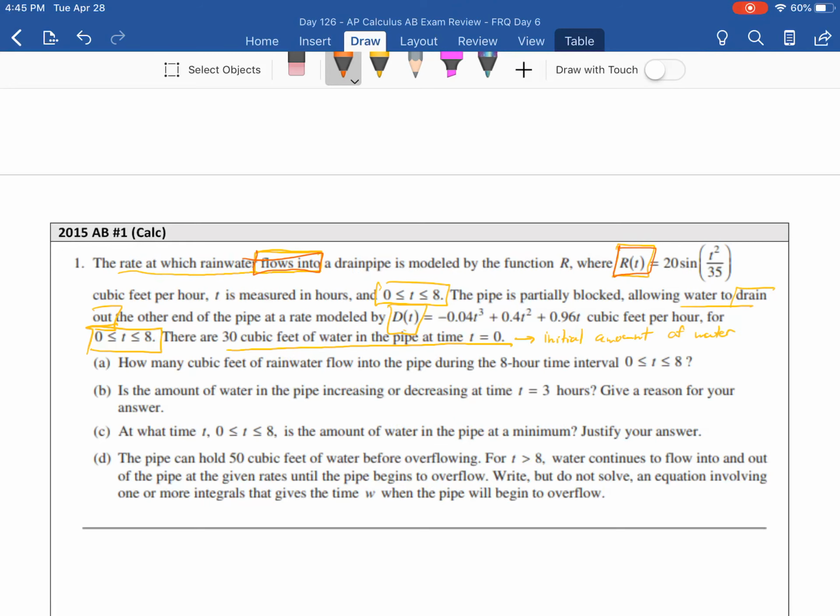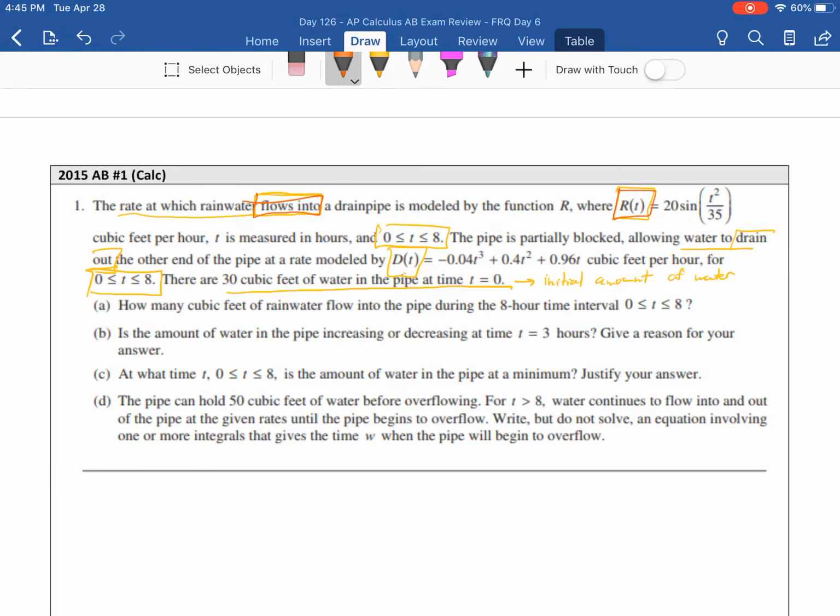So to find the amount of water that flows into the pipe, we're going to take the integral of R of T. So the integral of R of T gives us the amount of water that has flowed into the pipe. Since R of T is the rate at which water is flowing into the pipe, the integral of R of T is the amount of water that is flowing into the pipe.